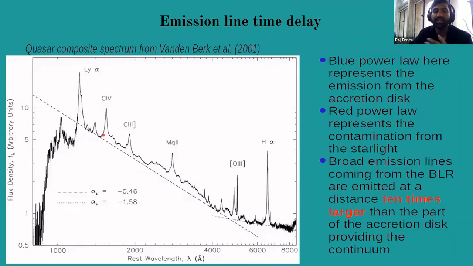So all the emission that you receive as an observer will be a mix of the continuum emission, and on top of that you will have the emission lines. So we have to somehow separate them by fitting different models to separate the continuum and the emission lines. There is another power law model called the red power law, which represents the starlight from the whole galaxy.